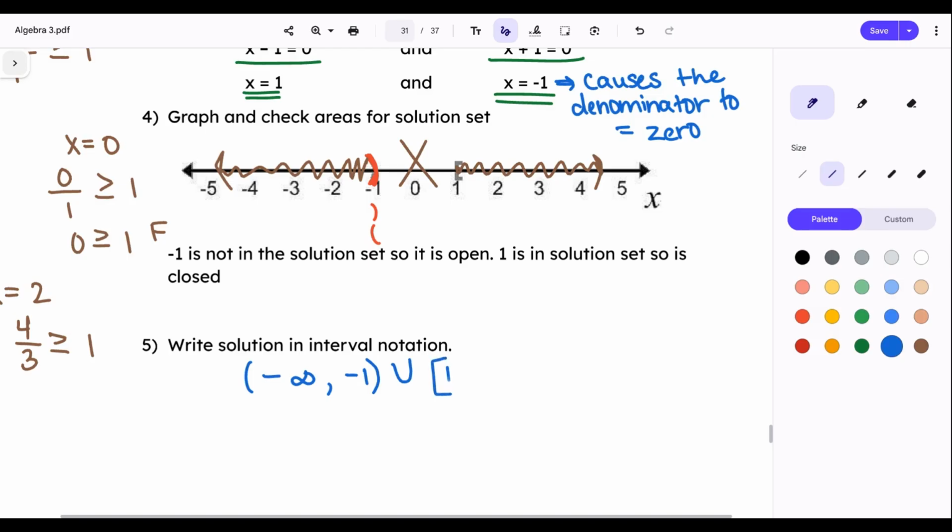Good, it's going to be bracket, and then it goes off to where? Right, +infinity, and then you always have parentheses around infinity because we can't put an end on numbers. They just always are going to get bigger or smaller.